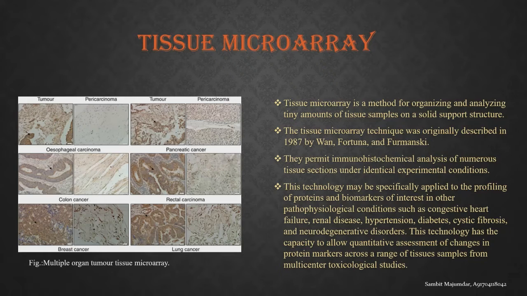Tissue microarray molecular targets can be DNA, RNA, or proteins, depending on the type of probes used for the analysis. This type of technology may be specifically applied to the profiling of proteins and biomarkers of interest in other pathophysiological conditions such as congestive heart failure, hypertension, diabetes, cystic fibrosis, and many others.